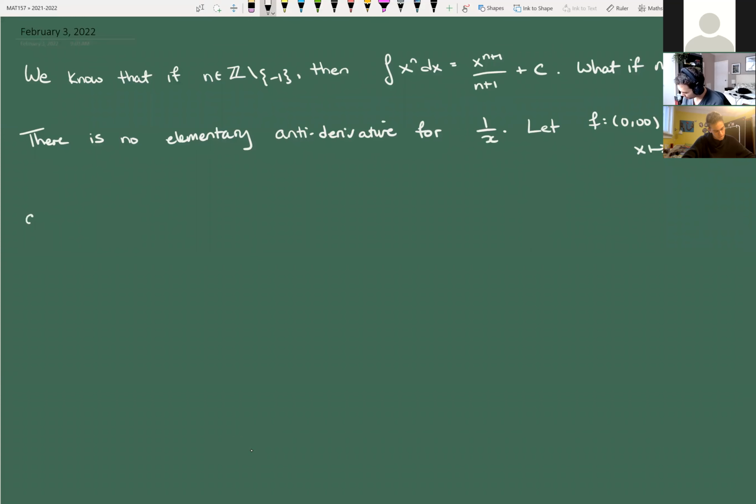And define a new function to be its antiderivative. Okay, and you could start anywhere. Convention is very much usually to start at 1. Okay, but we're going to define this function right here.